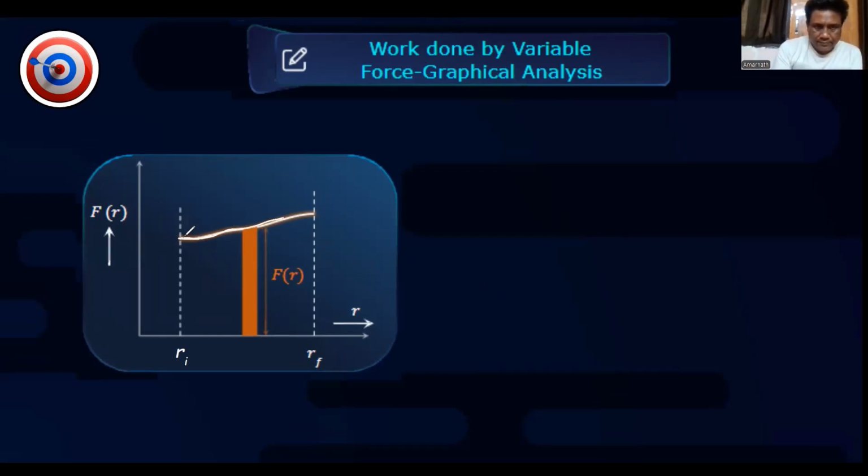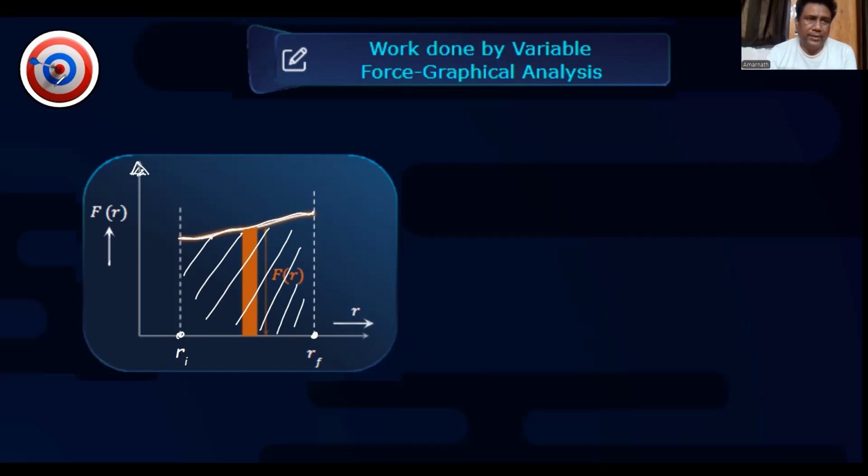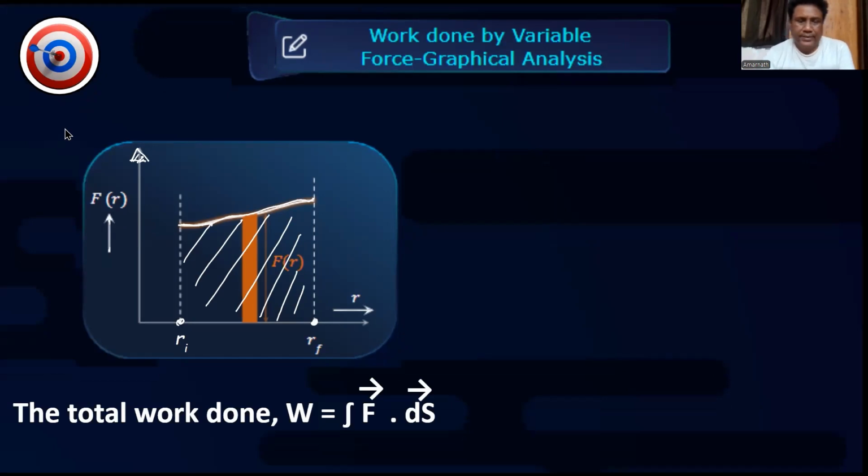Initially it was at R1 and finally it is going up to R2. This is the force axis. The area under the graph will give you the total work done, so total work done is nothing but the integration of F ds or F dr, anything you can write.